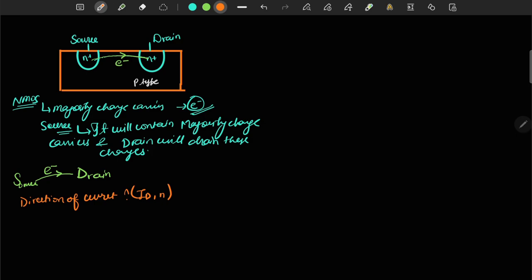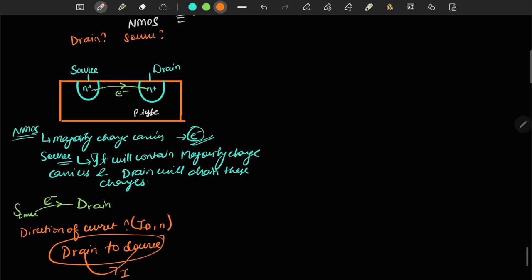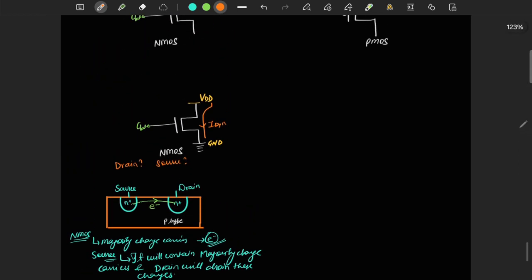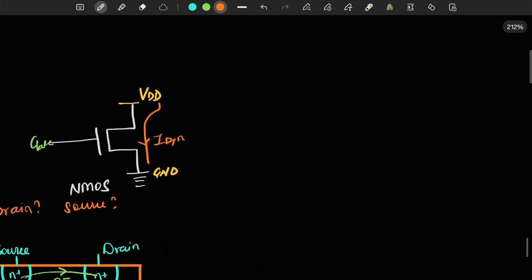The direction of the current will be drain to source. So if I come over here, drain to source is my direction of current, so this must be the drain and this must be the source.